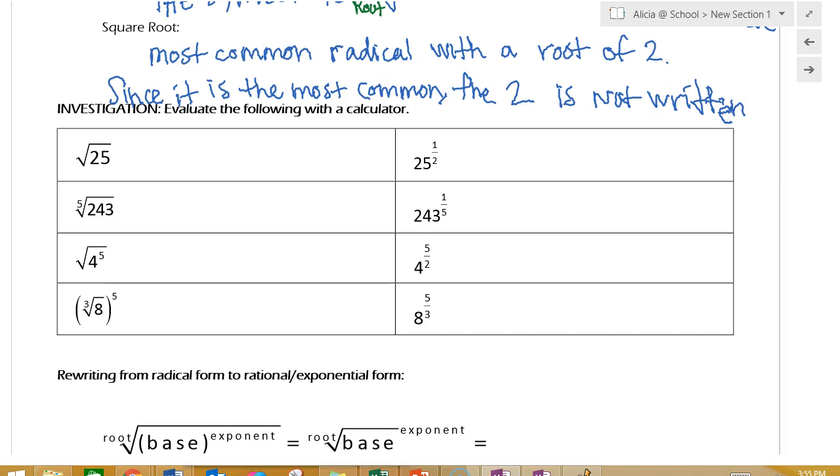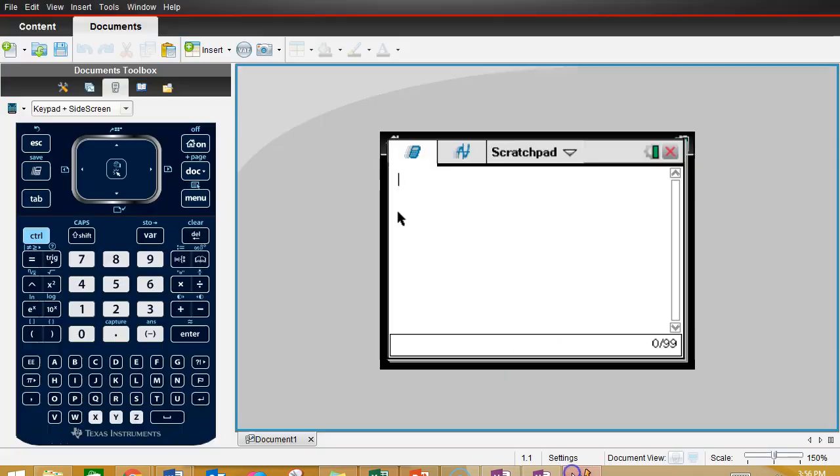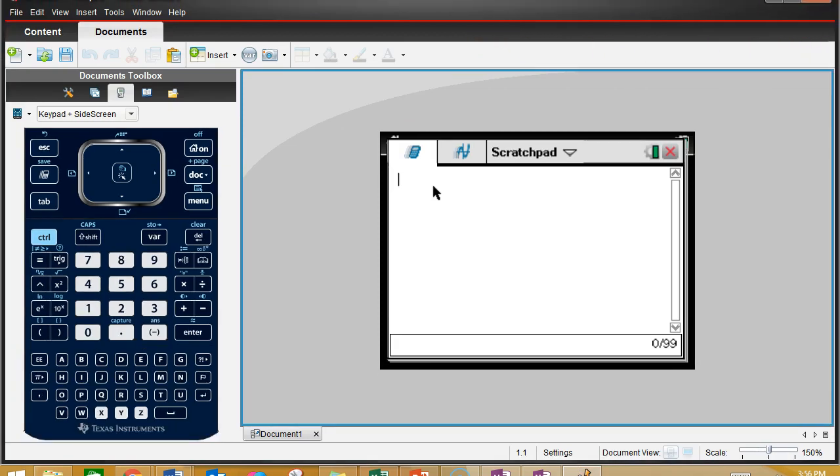The first one I'm looking at is the square root of 25. This is what I'm going to do first. I'm going to get my calculator up and going. Feel free to grab your calculator and follow along with me.